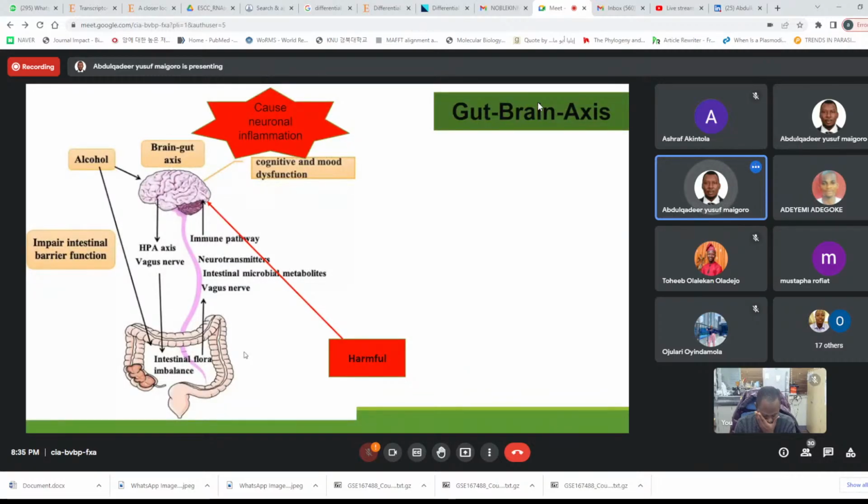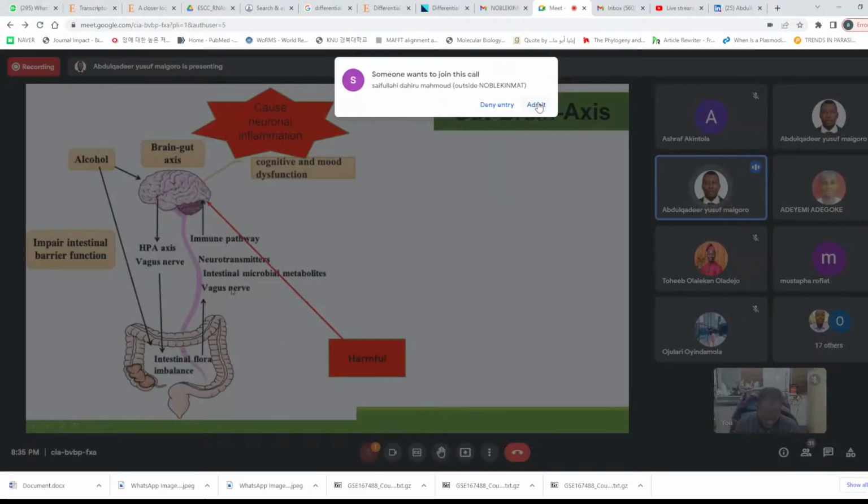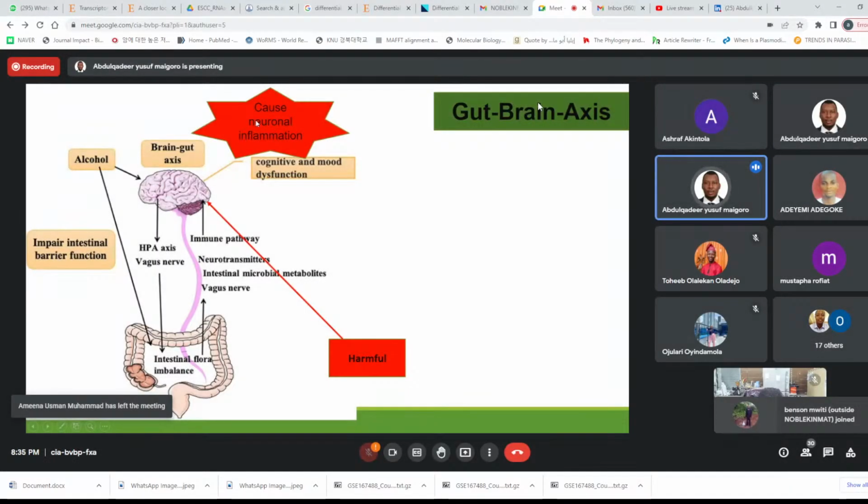In another way, these harmful metabolites produced don't just stay in the gut. They travel through the vagus nerve, as I mentioned, to the brain. And in most cases, they cause what we call neural inflammation. So once there is neural inflammation, that individual will start to display the phenotype, the symptoms of being abnormal.